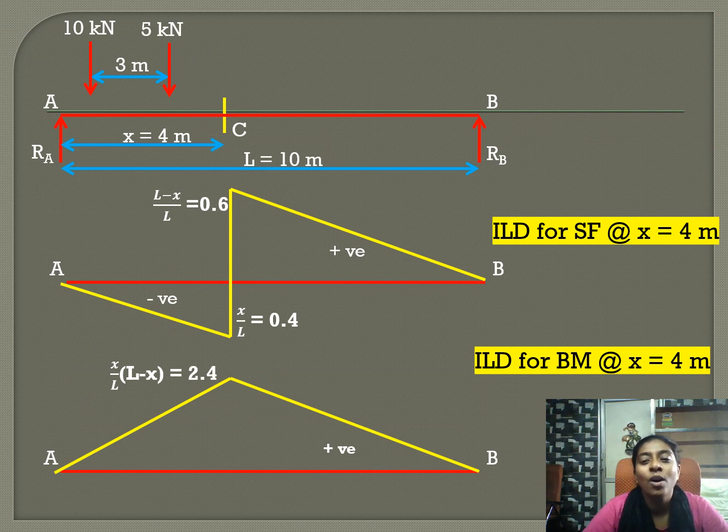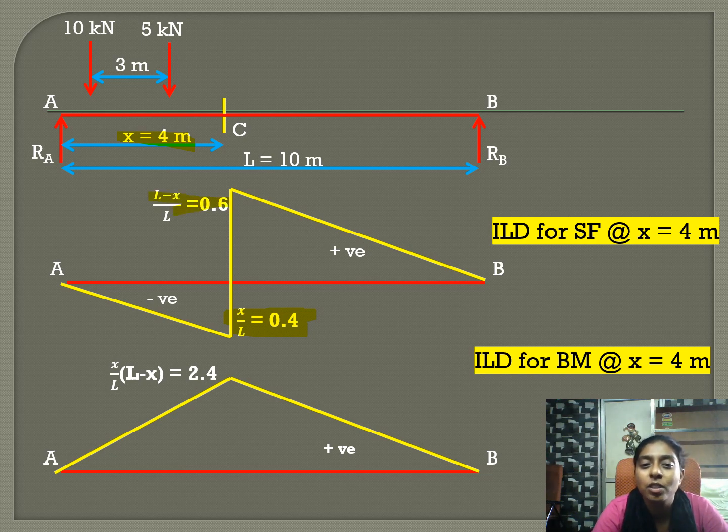Now we all know how to draw the influence line diagram for shear force and influence line diagram for bending moment. So for a section at a distance of 4 meter, we have drawn the influence line diagrams and obtained the ordinates, maximum negative ordinate and maximum positive ordinate. The maximum negative ordinate is x by L. By substituting x equal to 4 meter and L equal to 10 meter, we get x by L equal to 0.4.